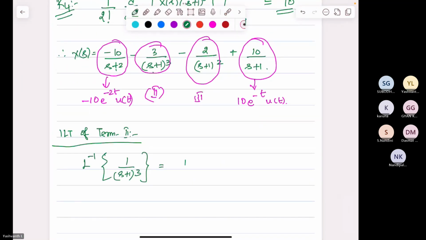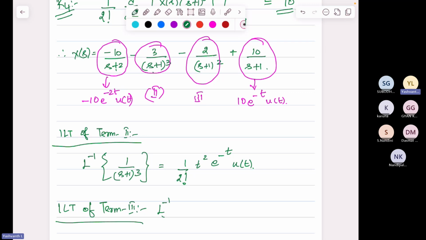It equals 1 by 2 factorial into t square into e power minus t into u of t. Similarly, the inverse Laplace transform of term 3, L inverse of 1 by (s plus 1) whole square.